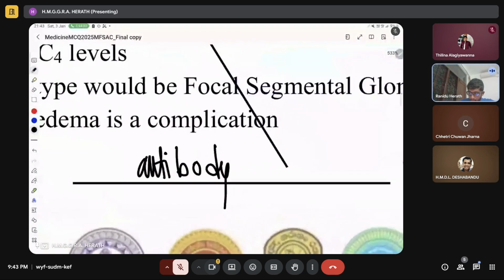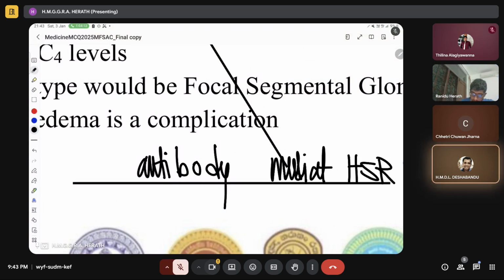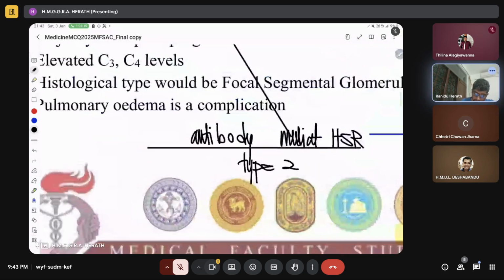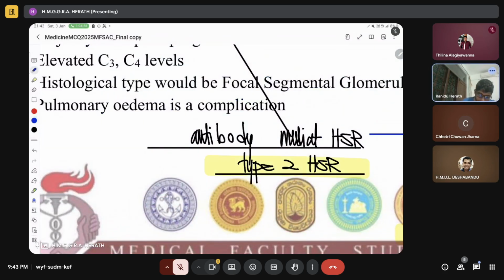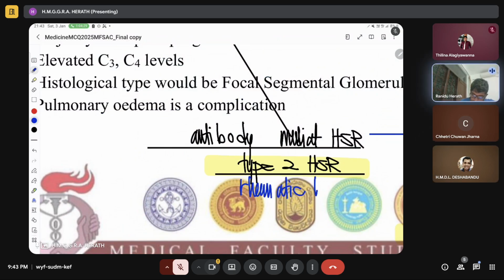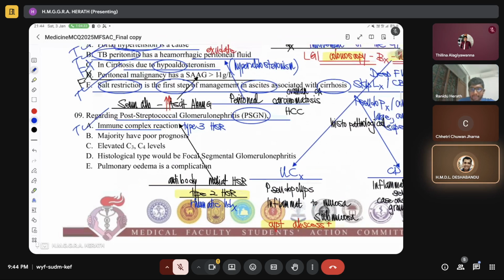But what is the most common antibody mediated hypersensitivity reaction? Rheumatic heart disease, guys. Type 2 hypersensitivity.